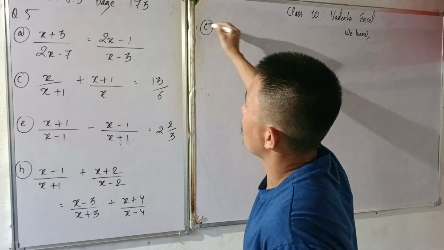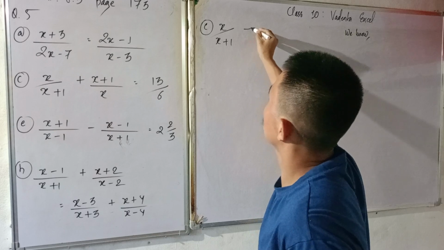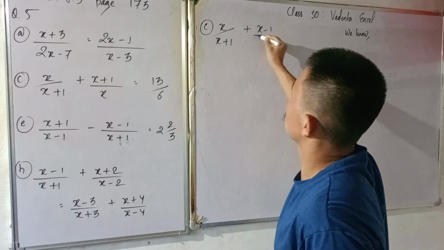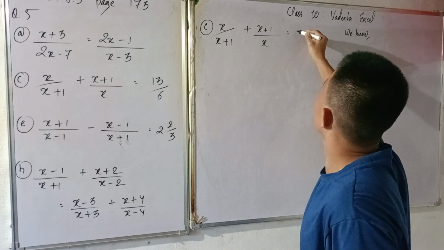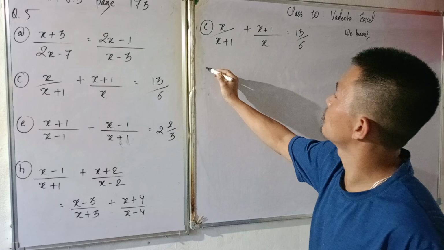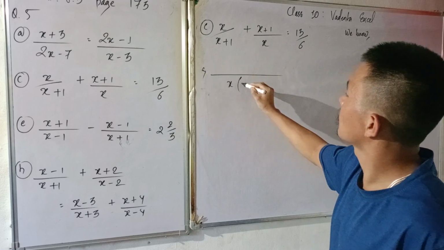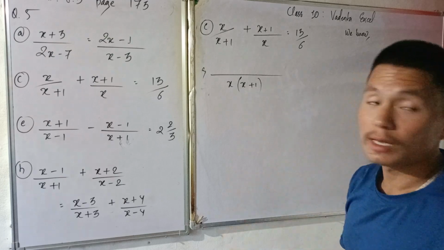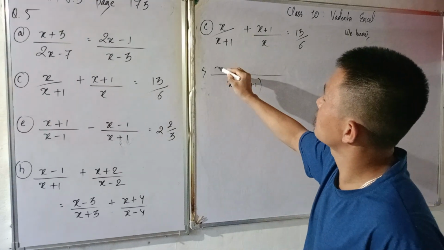Now number C, we have x plus 1 plus x minus x plus 1, x equals 13 by 6. Now you take the LCM here first. x plus 1, this will be the LCM. Now you write this x.